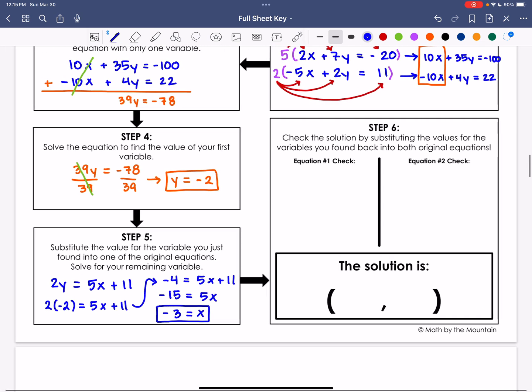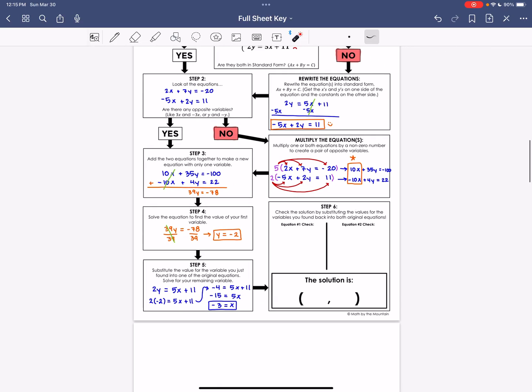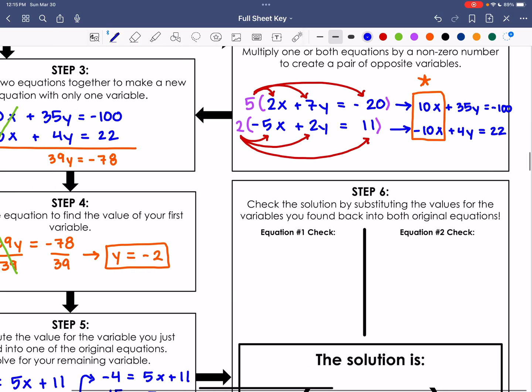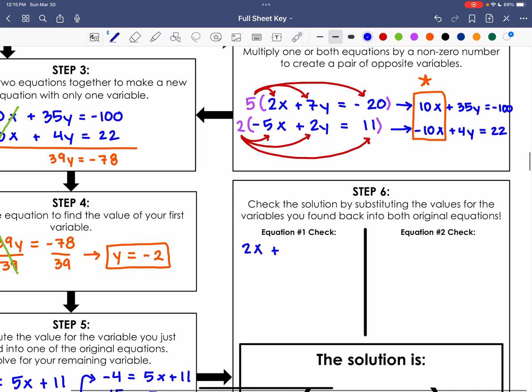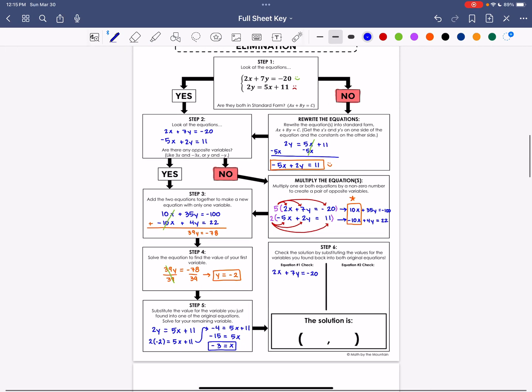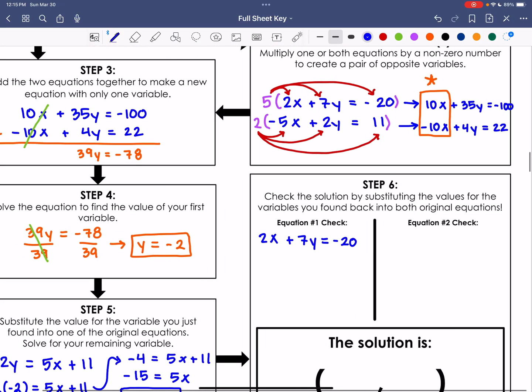So doing our final step, step 6, it says check the solution by substituting the values for our variables back into both original equations. So zooming out so we can see our originals to copy them down. Our first one is 2x plus 7y equals -20. And then our second original equation was 2y equals 5x plus 11.